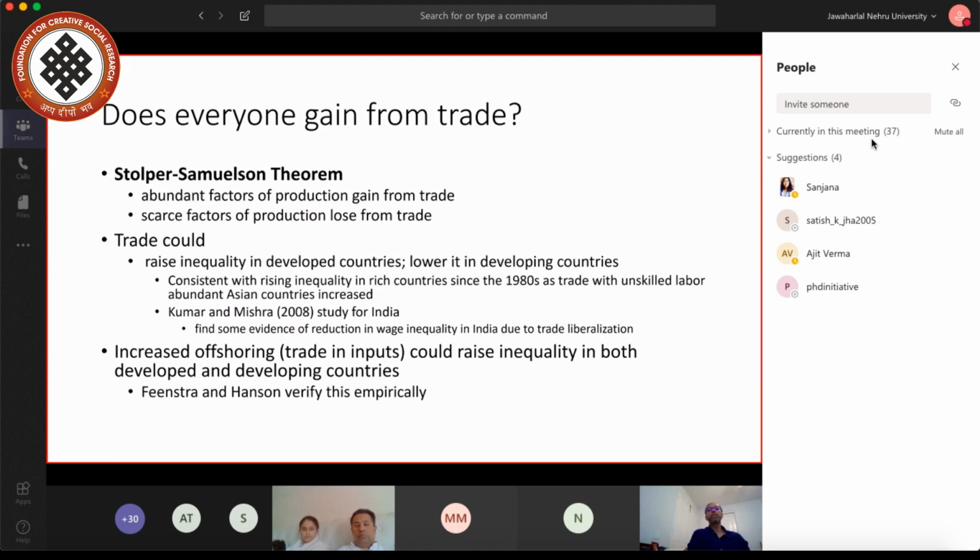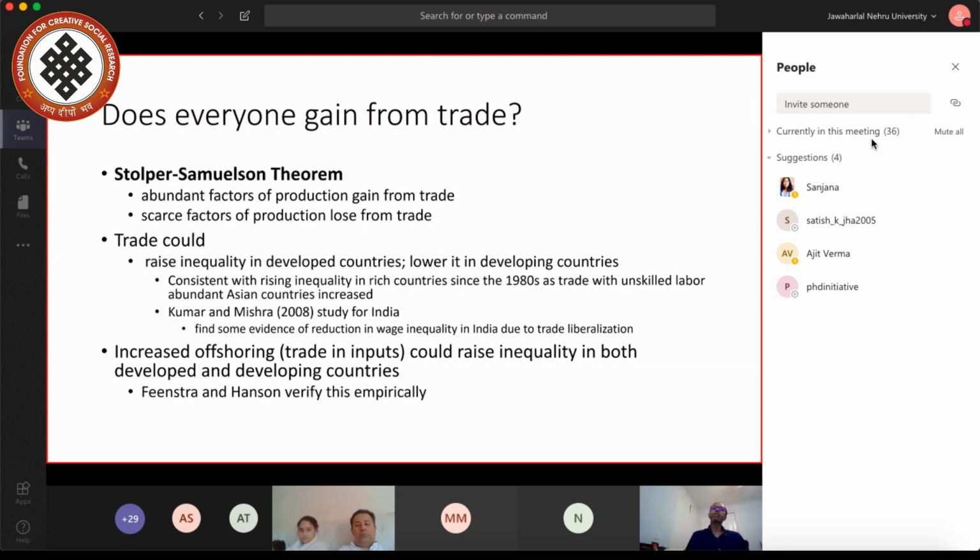And the answer clearly is no. We have this old theorem from 1941 by Wolfgang Stolper and the famous Paul Samuelson, and the theorem basically says that when a country opens up to trade, and if a country has many factors of production, trade is going to have a redistributive effect.